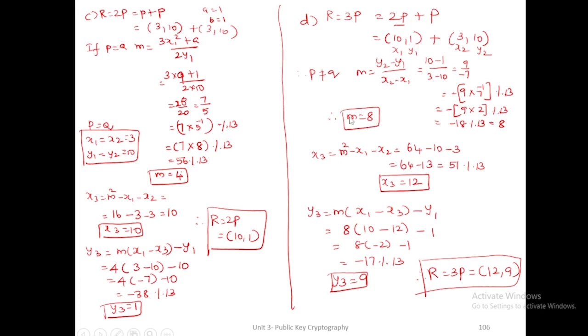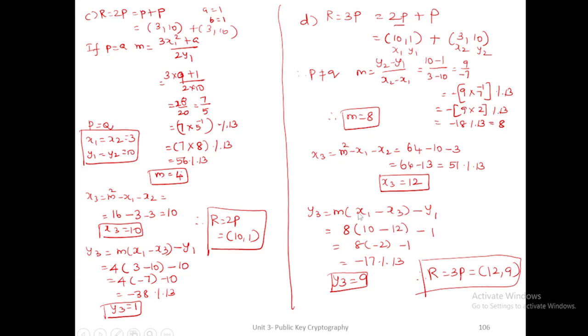Substitute this m equal to 8 in the x3 and y3 calculations. The answer for x3 is m squared minus x1 minus x2. Substitute those values, it is 51 mod 13. 3 13s are 39, so 51 minus 39 is 12. So the x3 value is 12. y3 is equal to m of (x1 minus x3) minus y1.